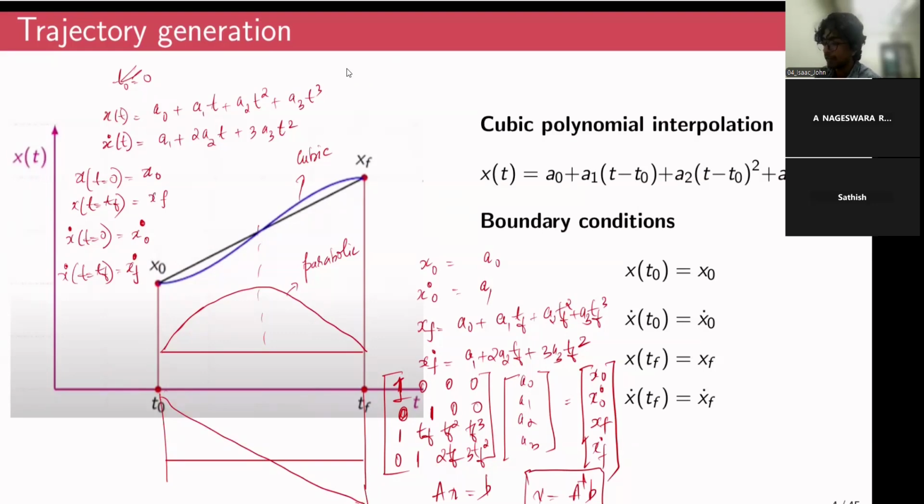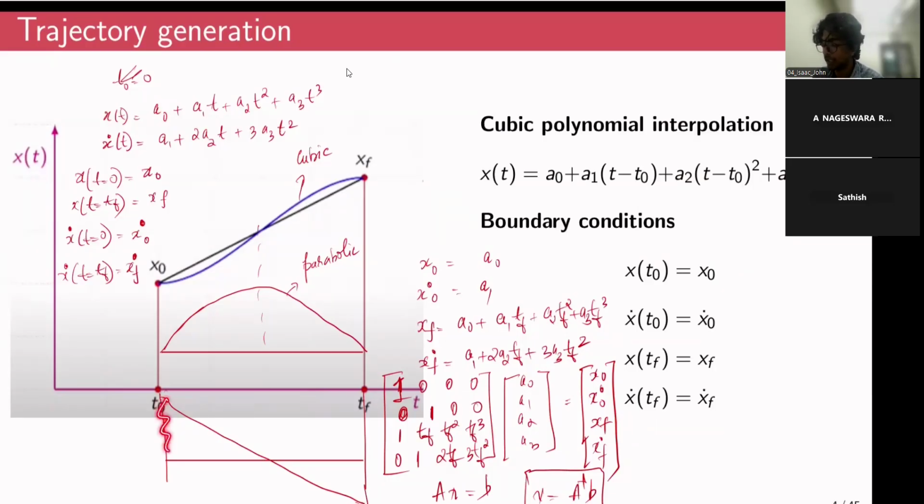Also, due to the fact that this is a cubic polynomial, you only have 4 coefficients. As a result, you can only have 4 boundary conditions, which is 2 for positions and 2 for velocities, at the initial and final points. But you have no control over accelerations.